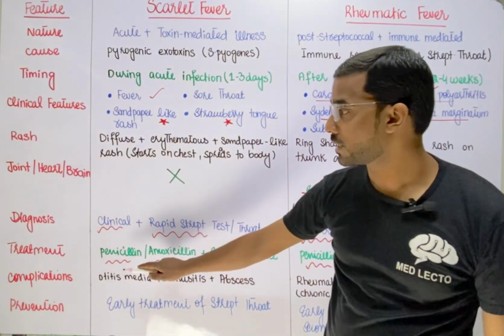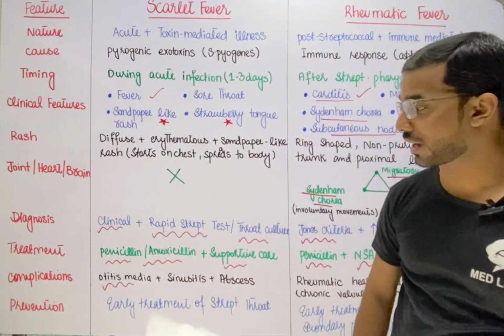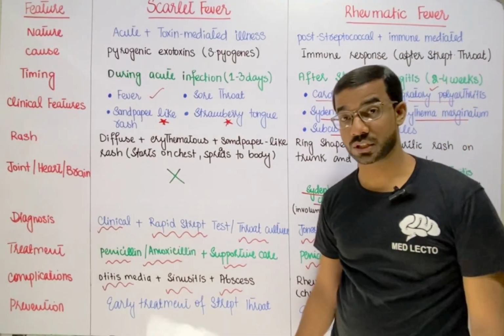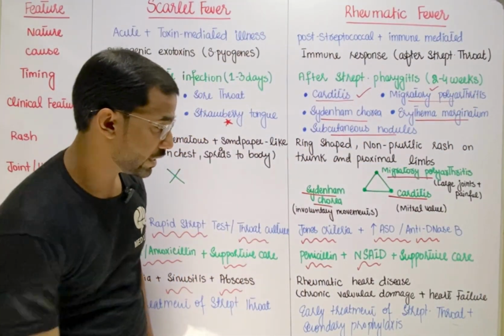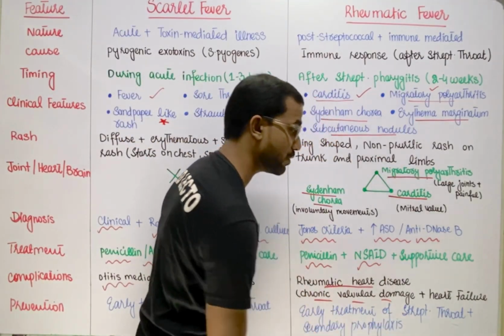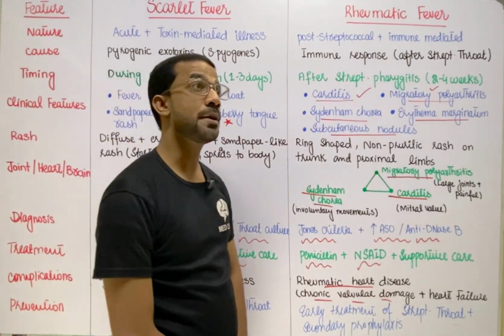Complications after scarlet fever are otitis media, middle ear infections, sinusitis, and abscess. These are the different complications you can see after scarlet fever. In rheumatic heart disease, chronic valvular damage will be seen, and in severe cases, you can also see heart failure.